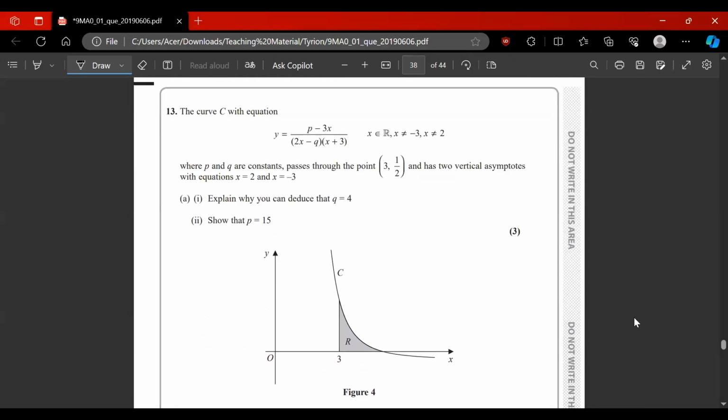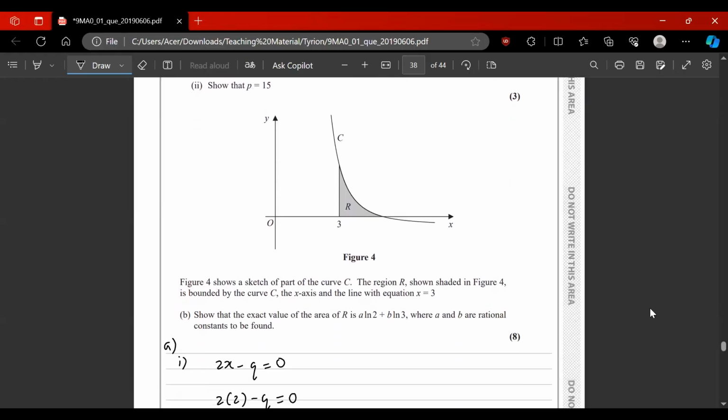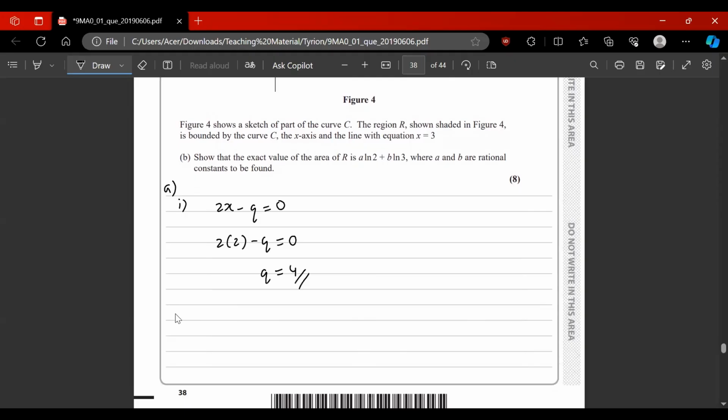And similarly, for part 2 here, show that P is equal to 15. For this one, all you need to do is substitute the point 3 comma half into your equation given here.